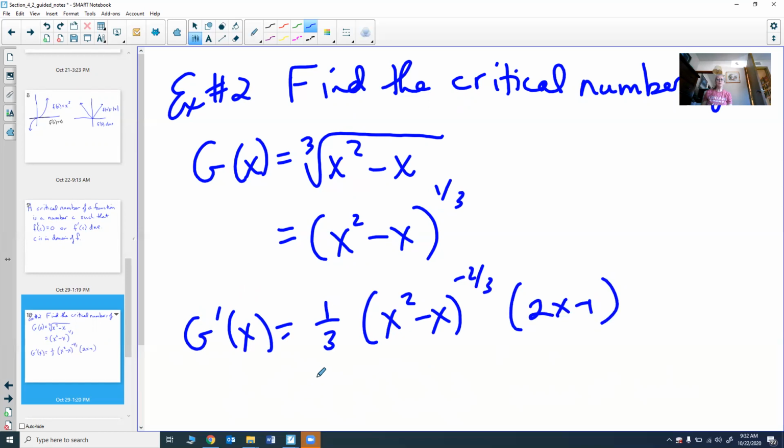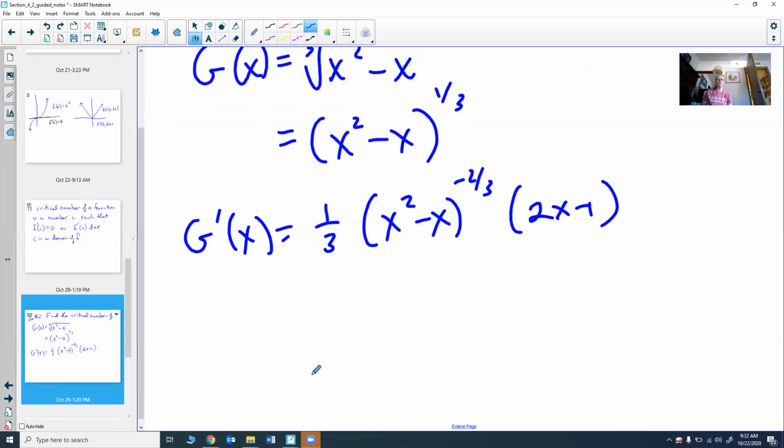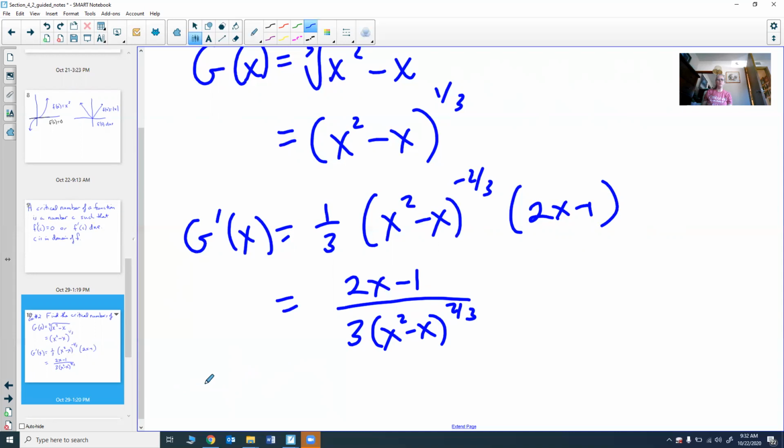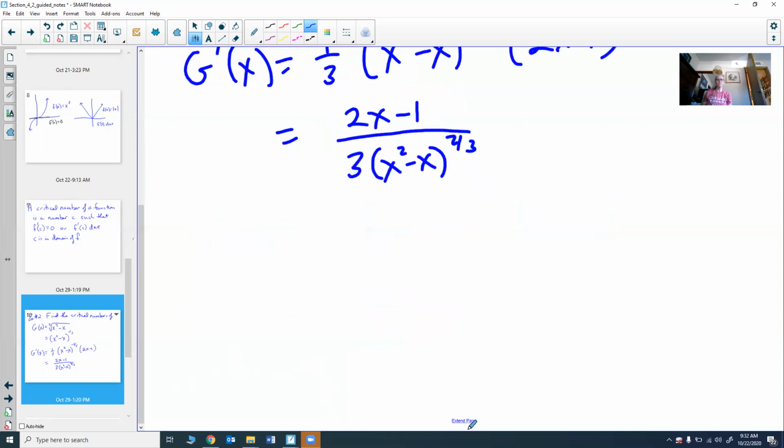Now, I like negative exponents, but sometimes they're not very useful for solving things. So let's go ahead and just get rid of it just this one time, just to see what's happening. So we're going to have 2x minus 1 over 3 times x squared minus x to the 2/3 power. And now what I want to know is, where is this derivative 0? Because again, that's where my critical points could exist.